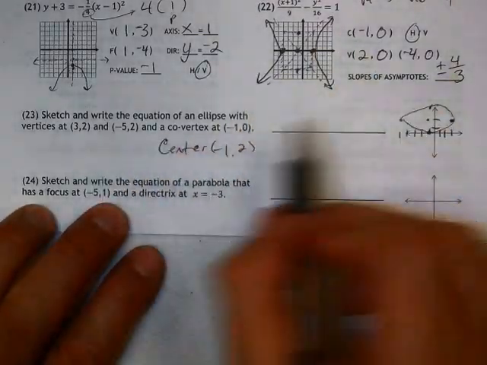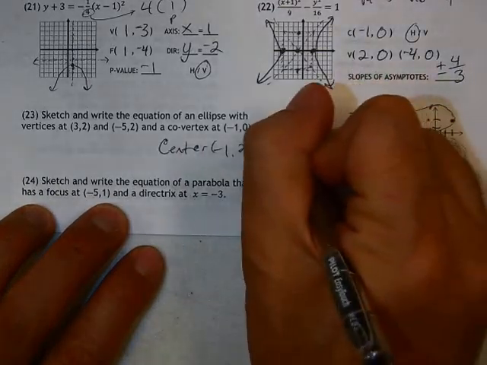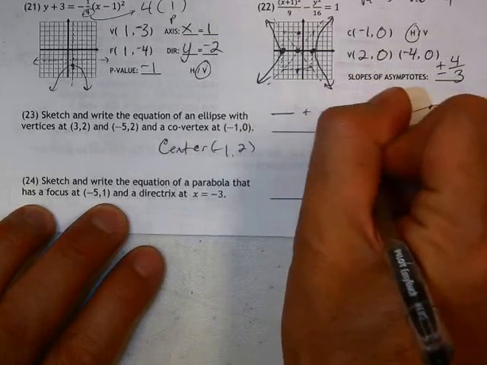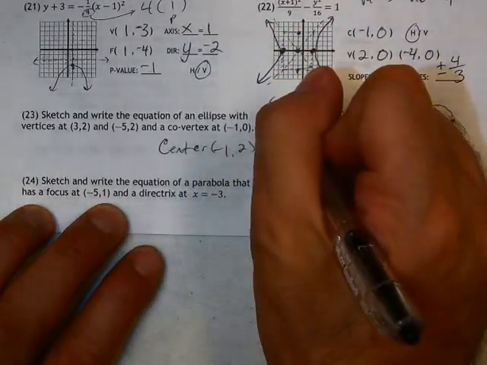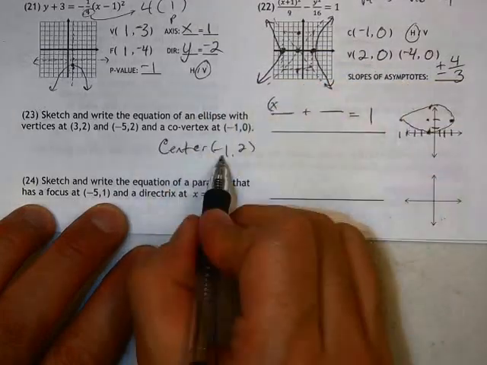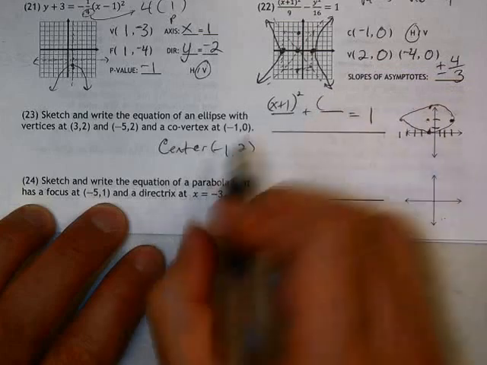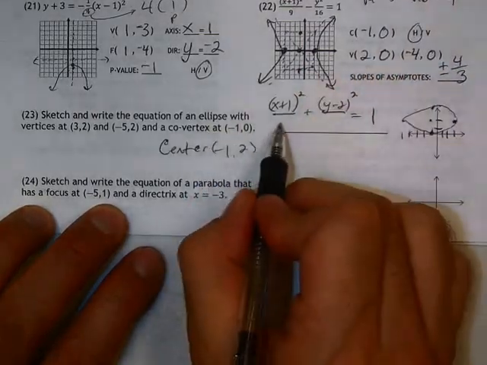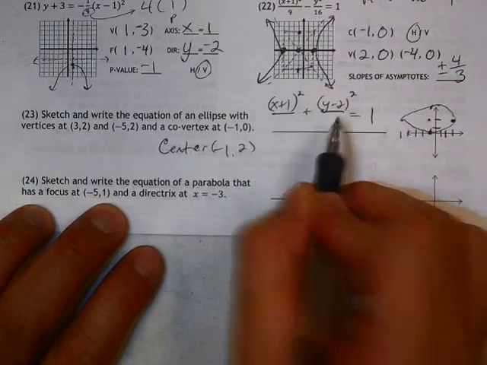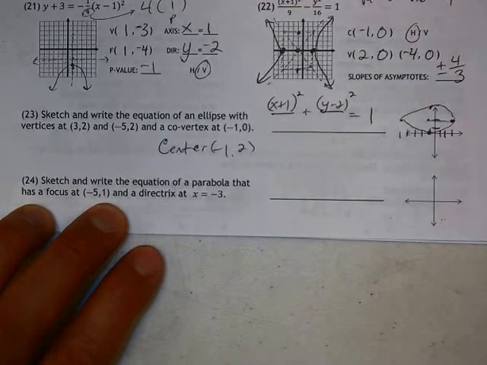Now, for the equation, it's going to be equal to 1. The ellipse is one of those equations with the fractions. Because we now know the center, we know that for the x, opposite of minus 1 is plus 1 squared. For the y, opposite of 2 is minus 2 squared. Then to get what we're putting underneath each one, we're getting that half distance and squaring it.